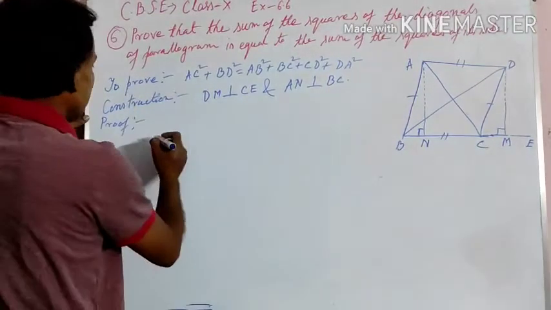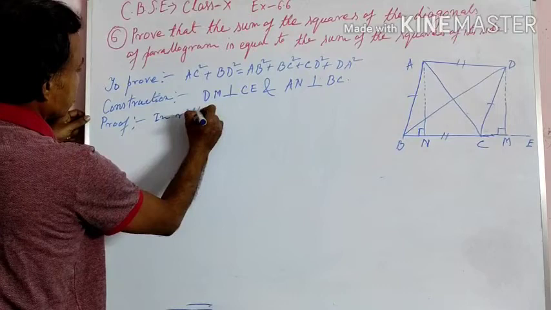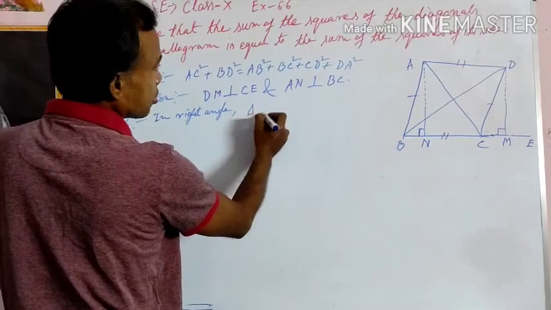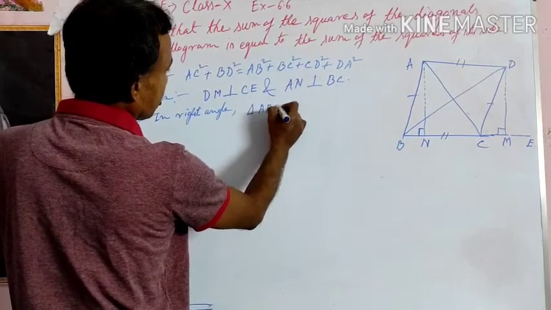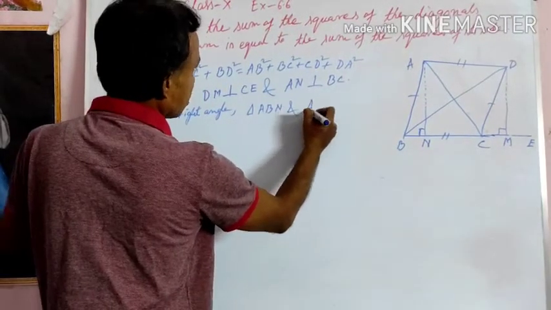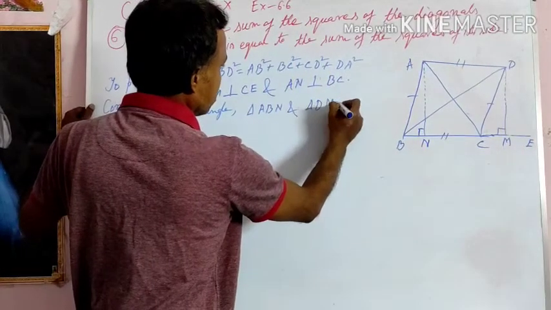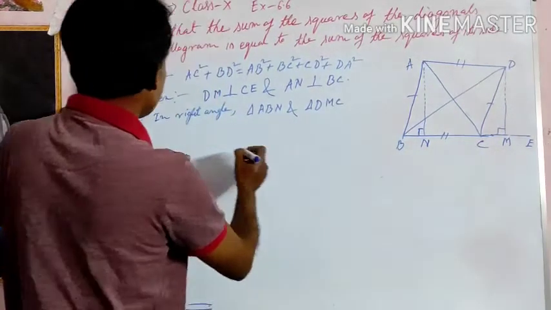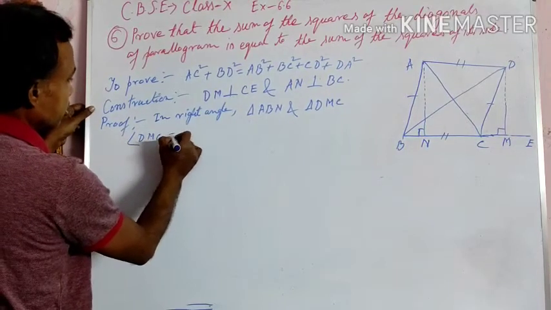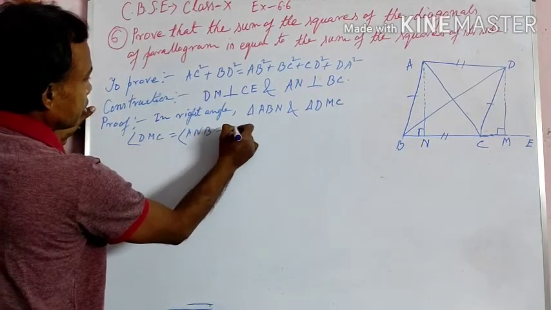So in right angle triangle ABN and right angle triangle DMC, angle DMC is equal to angle ANB is equal to 90 degrees.